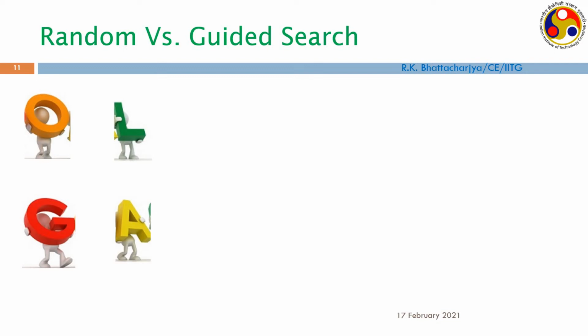Next, suppose I give you a little more information, such as that the first letter is correct, or the second letter is correct. If we provide some more information, you will be able to find the solution quicker.